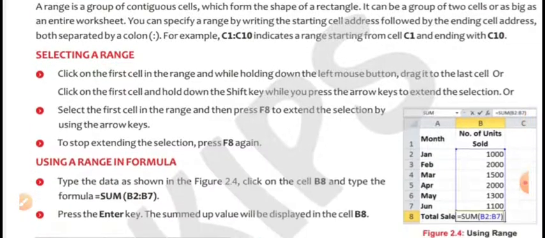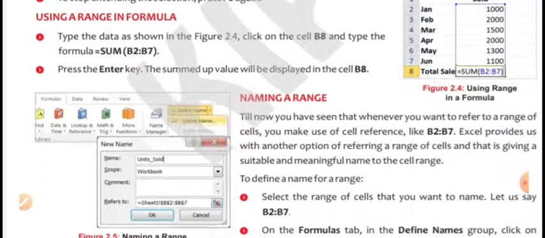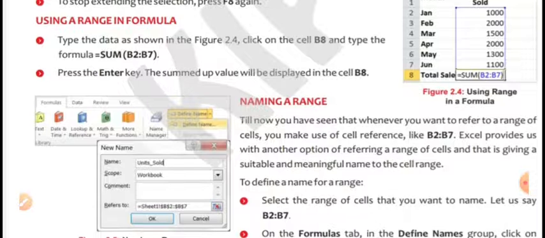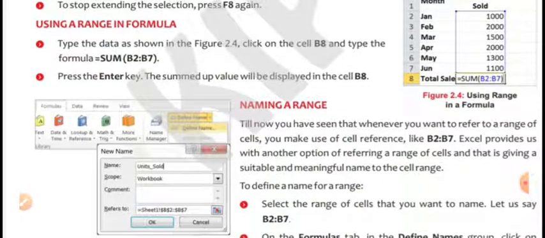Next, using a range in a formula, what can you do? Type the data as shown in figure 2.4. That means the data is here, you just see it. Click on the cell B8 and type the formula equals SUM(B2:B7). What you will see is the whole range being selected in a rectangular box.